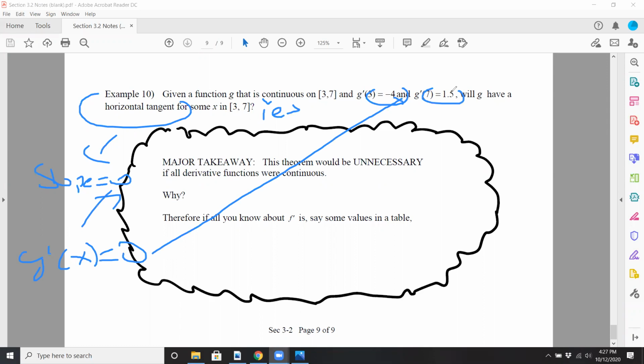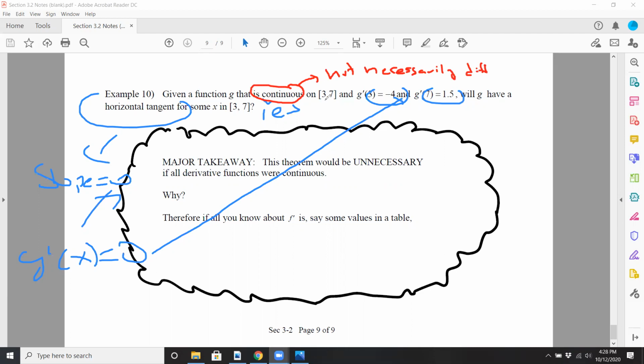But I made a mistake. I wish I could say that I made this mistake on purpose, but I just realized my error. What error did I make? Continuous is not necessarily differentiable.